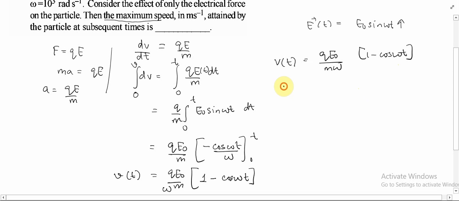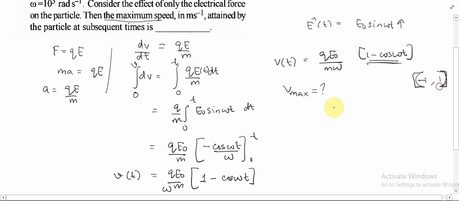So we have to find the maximum velocity. The maximum velocity is when this whole function is maximum. q, E0, m and ω are all constants, so this function is maximum when 1 − cos ωt is maximum. Cos ωt can take values ranging from minus 1 to plus 1, including both.